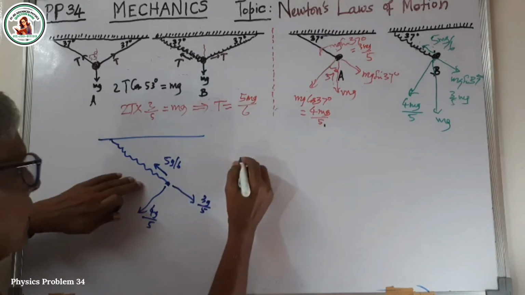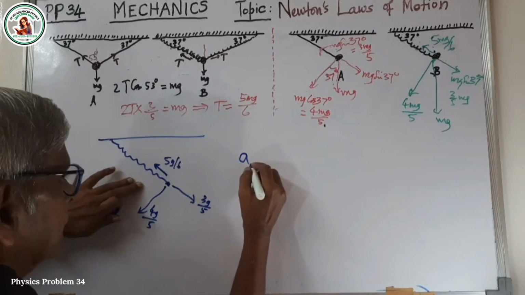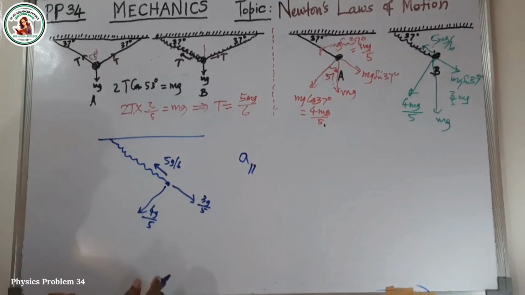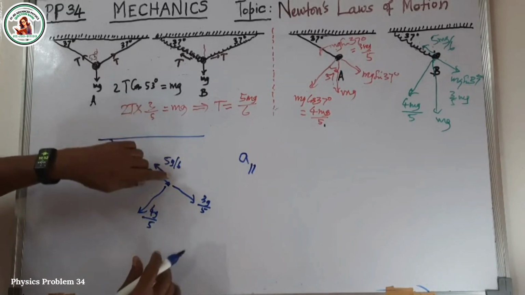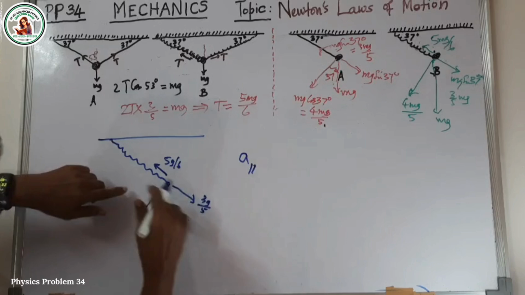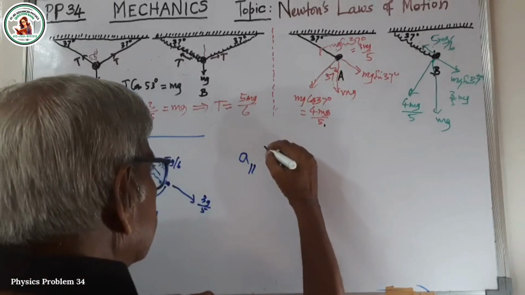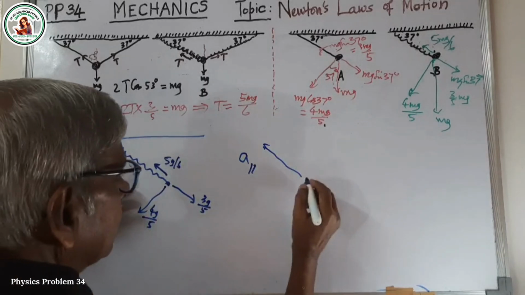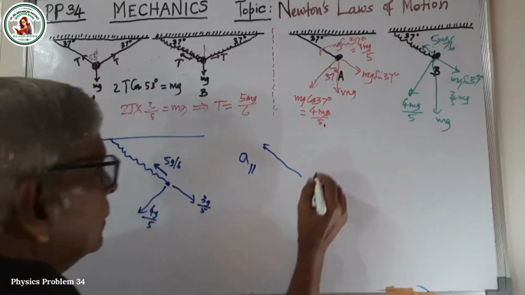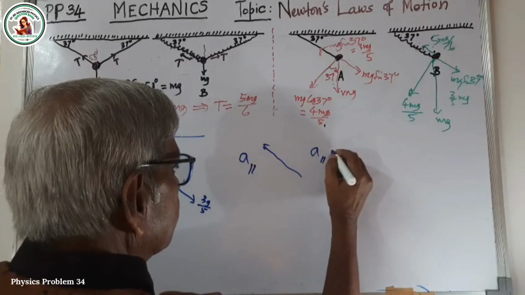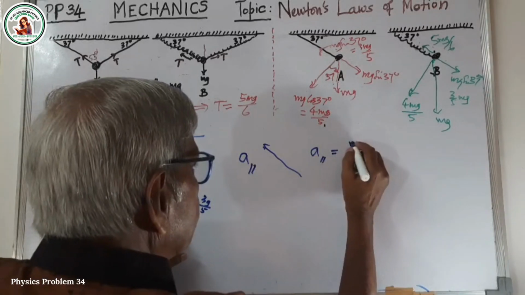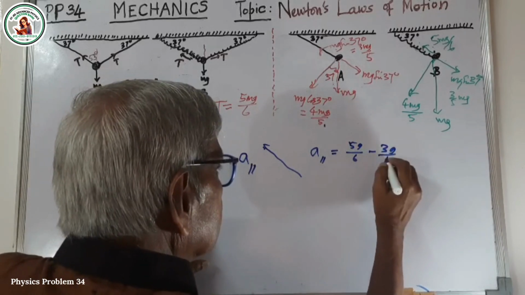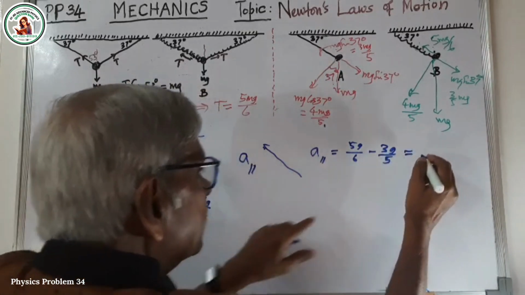So the parallel acceleration for the spring mass: 5g by 6 is larger, 3g by 5 is smaller, so it will have a parallel acceleration in the upward direction. A parallel equals 5g by 6 minus 3g by 5, equal to 7g by 30.